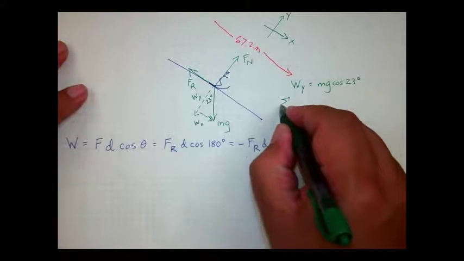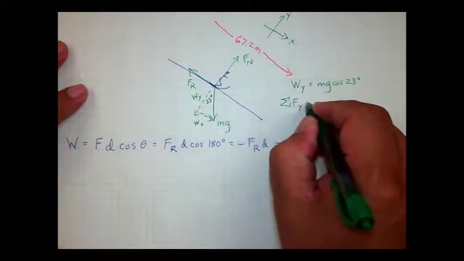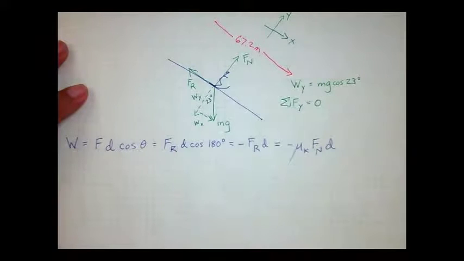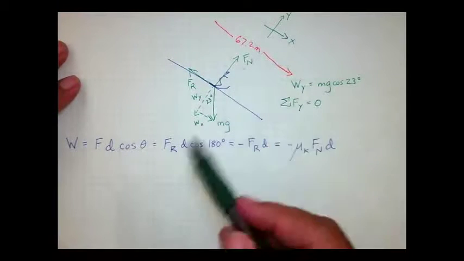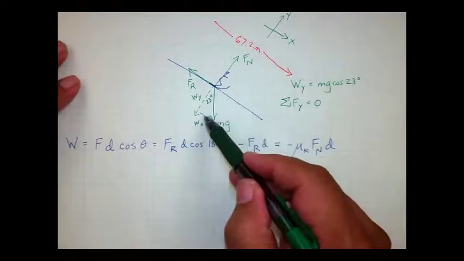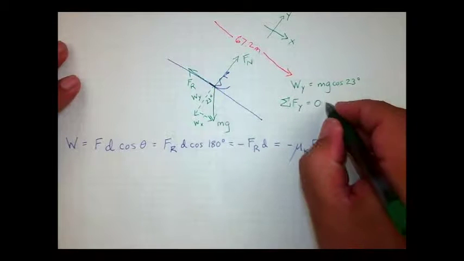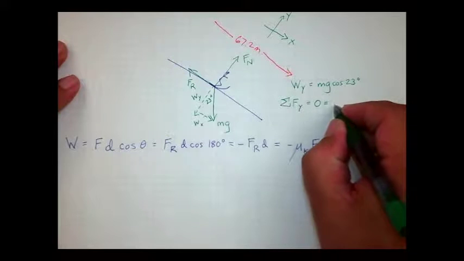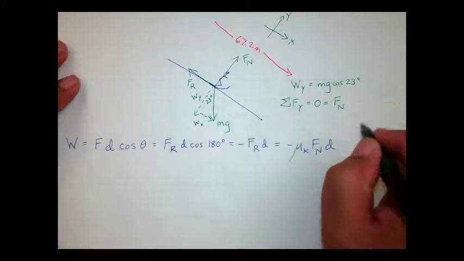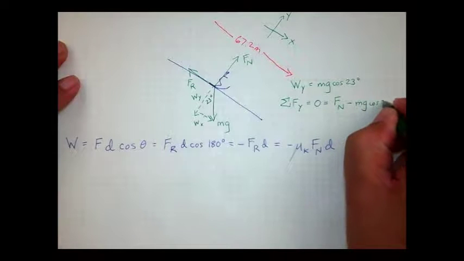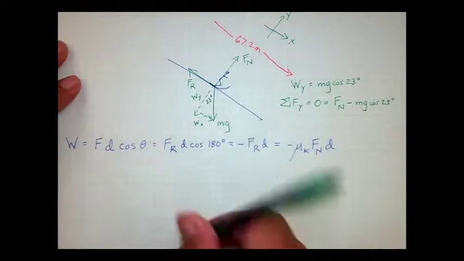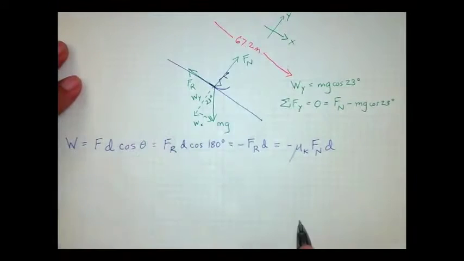We can tell that the sum of the forces in the y direction is going to be 0 because the snowboarder does not rise up off the incline, nor does the snowboarder sink down into the incline. We have two y forces, the normal force, which is in the positive direction, and this mg cosine 23, which is in the negative y direction.